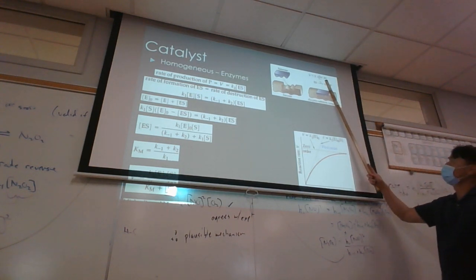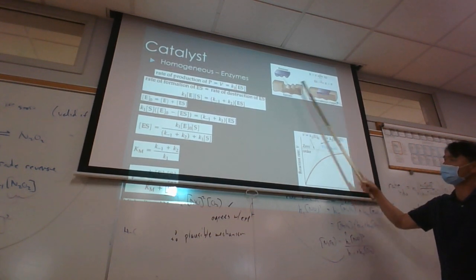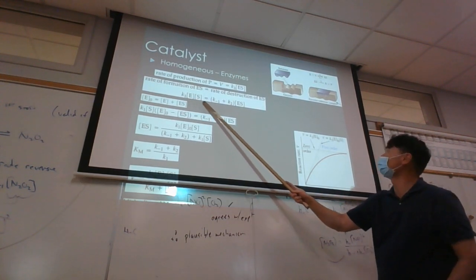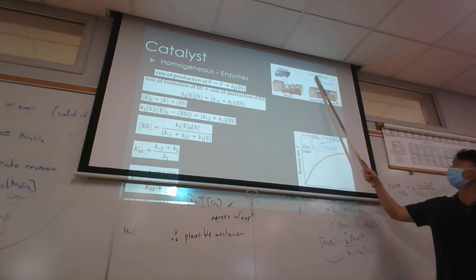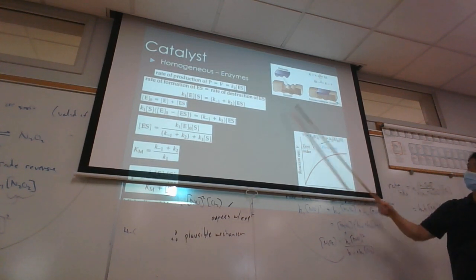And so the intermediate forms from E and S. So the rate of formation would be K1 E times S. So the rate of formation is K1 E S. First order E, first order S. So if we double E, we get twice the rate, twice the collisions. If we double S, we get twice.